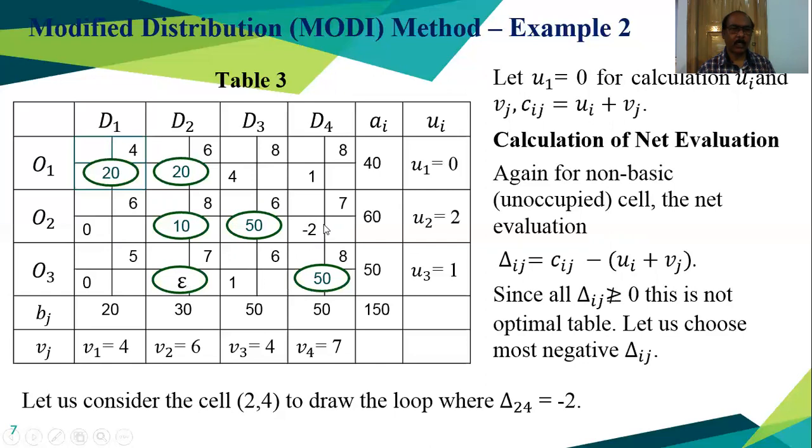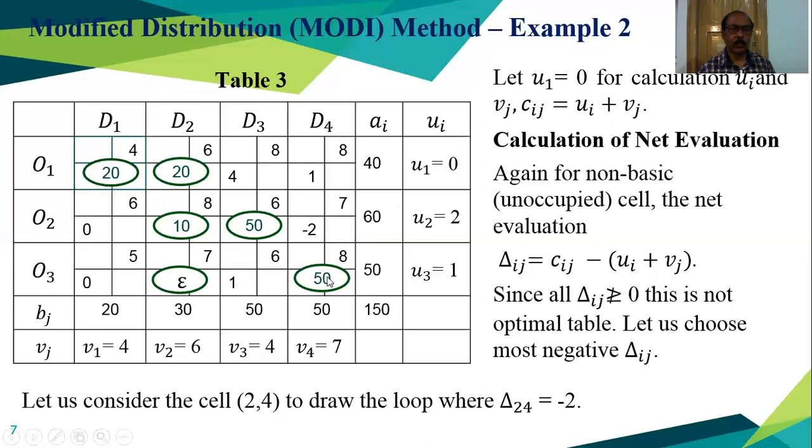So we have to start the loop from here. You can start the loop like that. So you have to add here the plus theta. Taking this, here is the minus theta, here plus theta, here minus theta. Plus, minus, plus, minus.